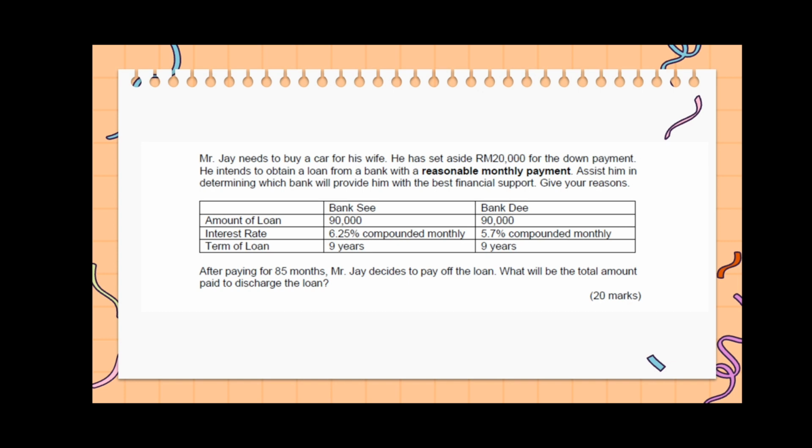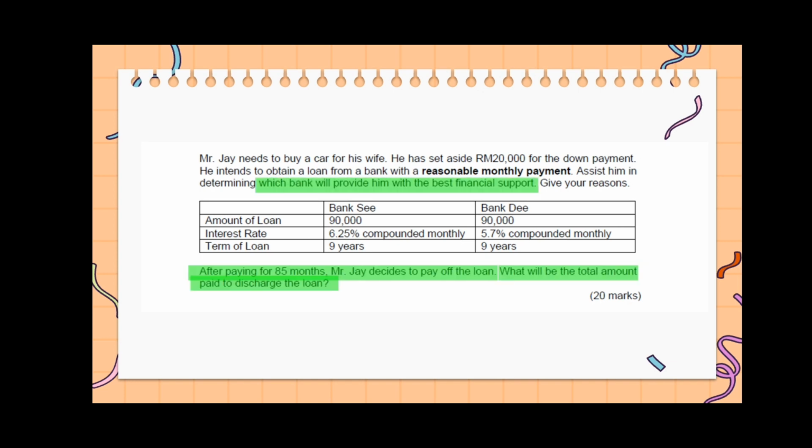The term of the loan for both banks is 9 years. After payment for 85 months, Mr. J decides to pay off the loan. What will be the total amount paid to discharge the loan?